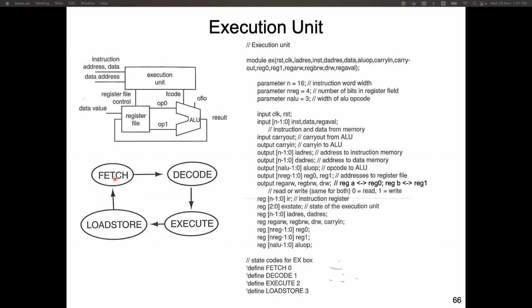Fetch the instruction from instruction memory, decode it, then execute the instruction. Then the last one is to read or write data into the data memory, and then it goes back to fetch. So this is 4 states in cycling operation.